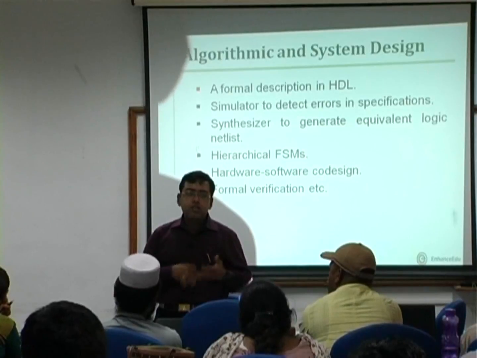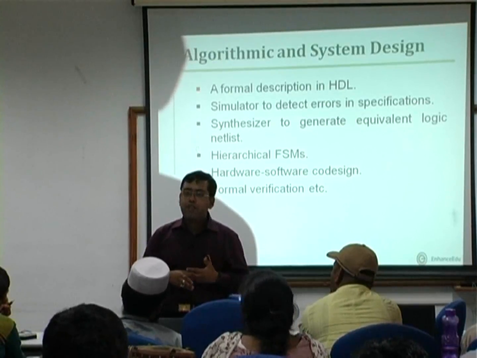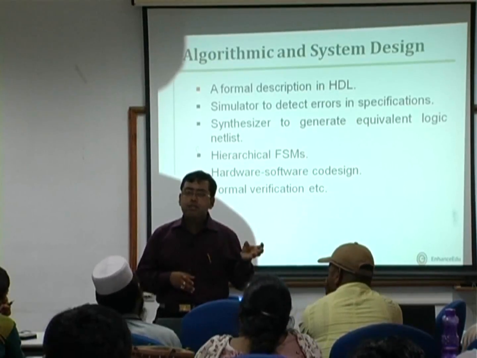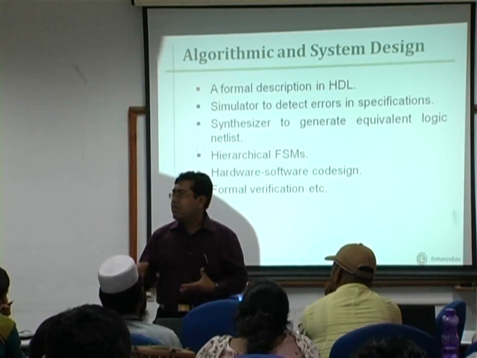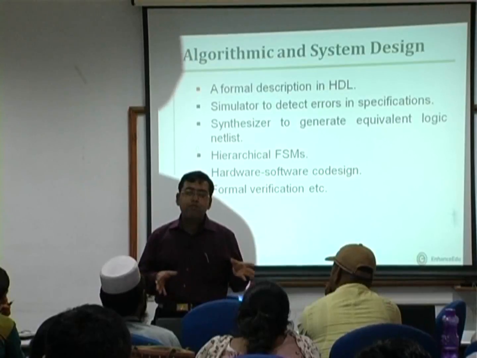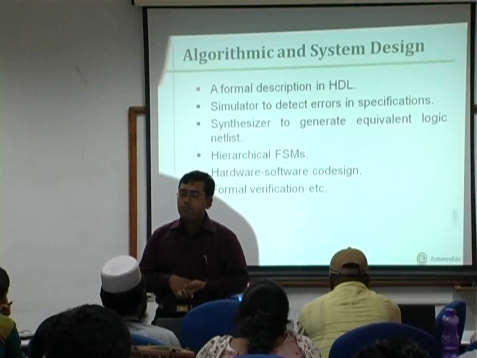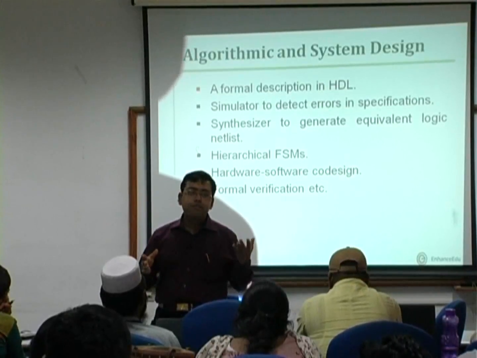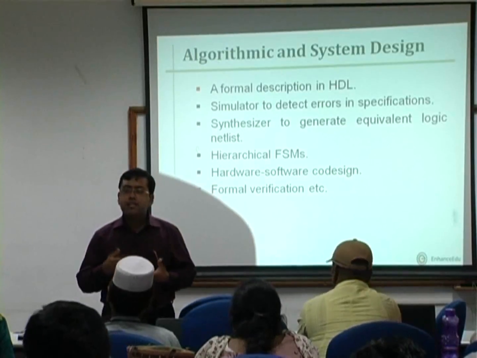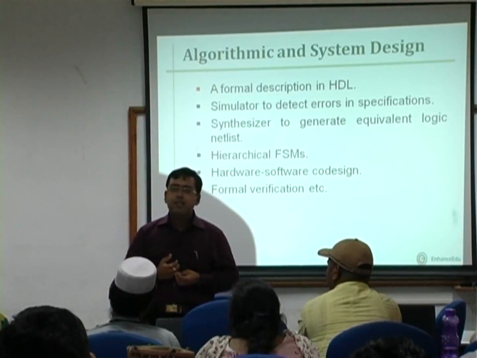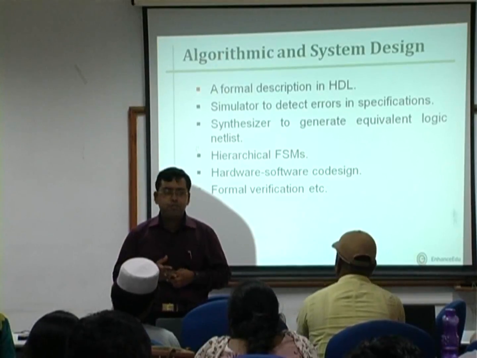On the other hand, software will give you a lot of flexibility. So there is an optimization of accuracy and speed versus flexibility when you go for this hardware software co-design process, and that has become the key driving force behind the development of embedded systems in today's scenario.